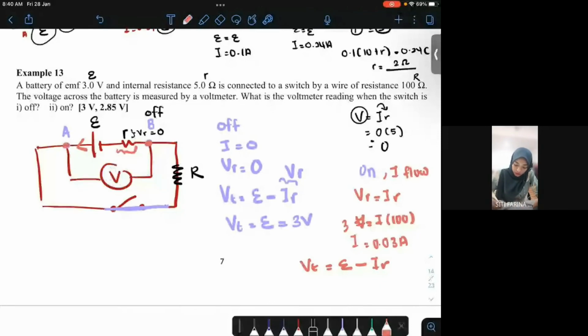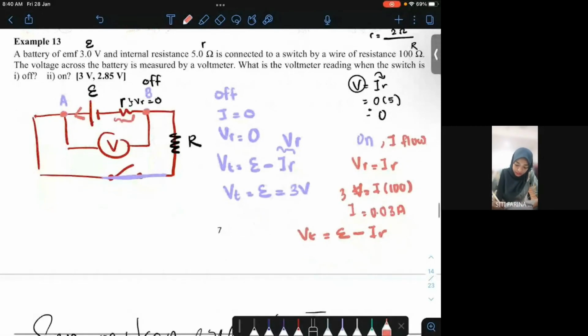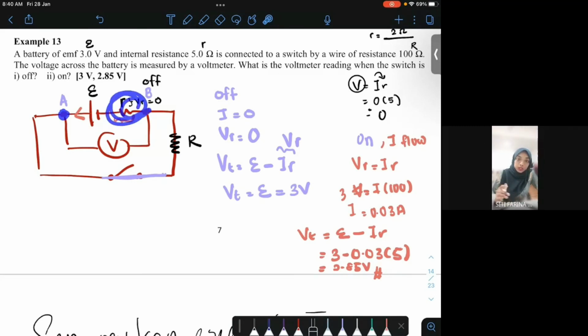Okay, so your potential here akan jadi V terminal, 3 tolak 0.03, 5, tekan calculator, you should get this much volt. So this is what this voltmeter is going to read that comes out from the battery as soon as it has done the work inside the battery dulu. Faham ke?